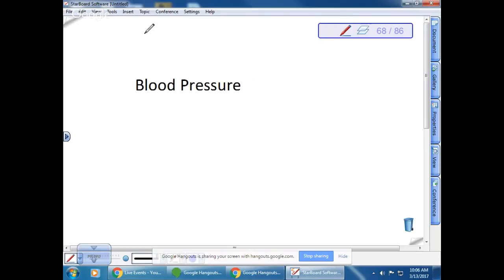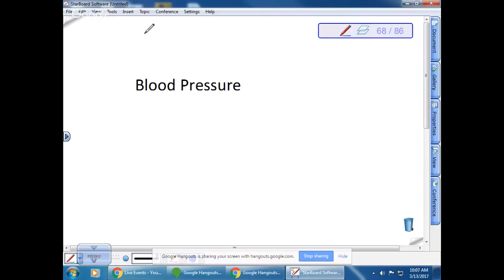Okay, so we were talking about blood pressure, and remember that blood pressure is dependent upon the cardiac output, and cardiac output is dependent upon heart rate and stroke volume. When we look at blood pressure in the different vessels, obviously the arteries are going to be under greater pressure.